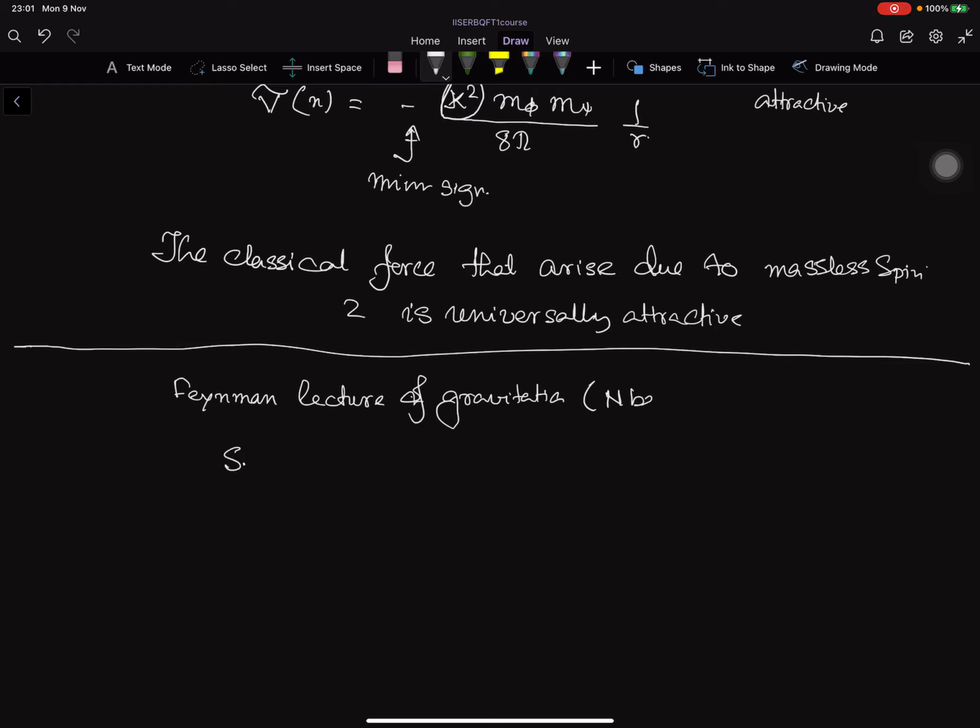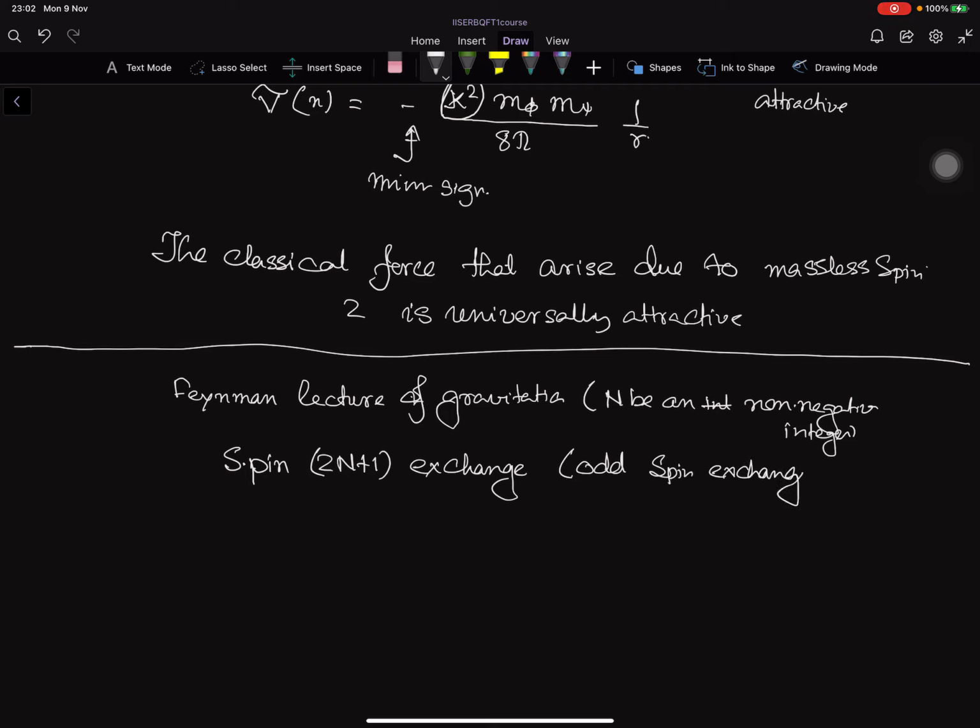Let n be a non-negative integer. Then spin 2n plus 1 exchange, which means odd spin exchange, can give rise to both attractive and repulsive force.